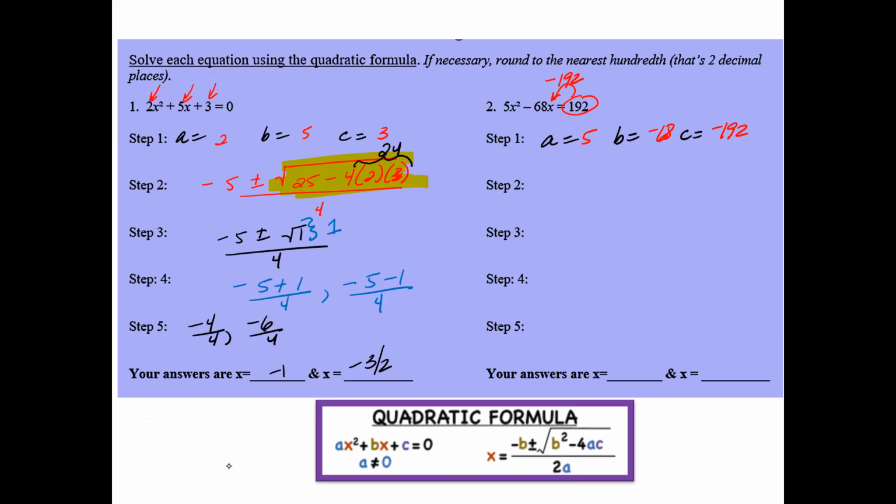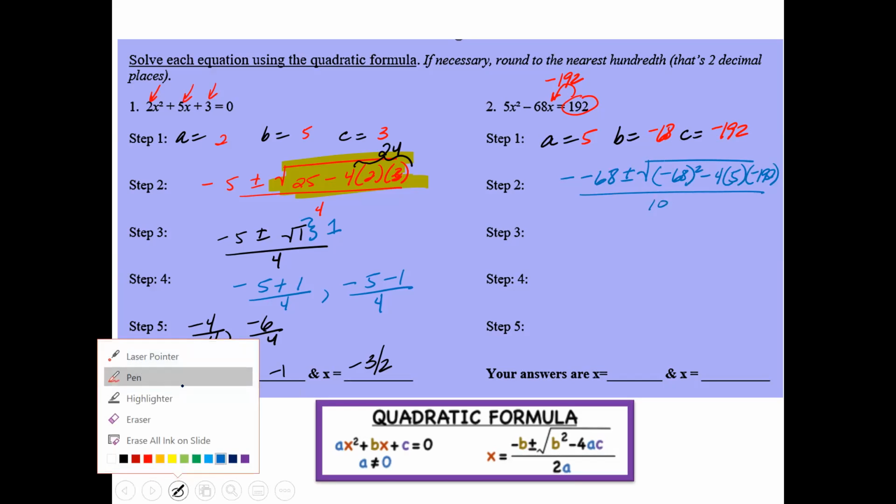Let's plug it in. Negative b, so it's a double negative, plus or minus the square root of b squared minus 4ac. Now this one, you definitely need a calculator. All the way over 2a, 2 times 5 is 10.